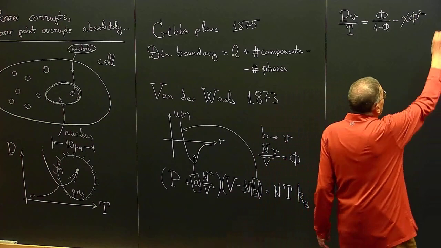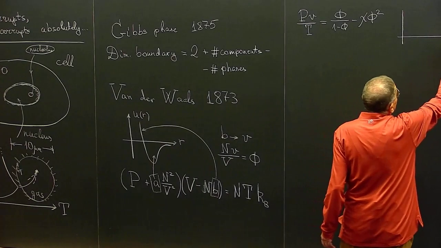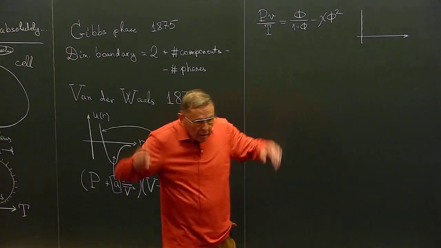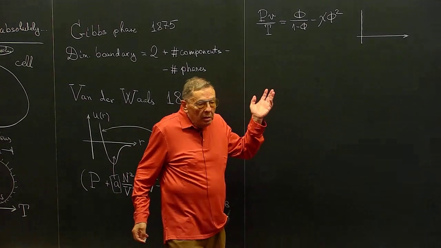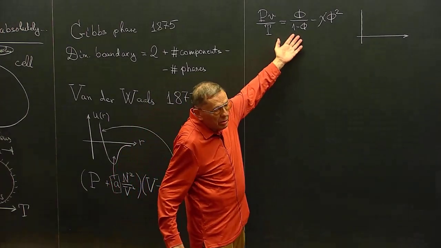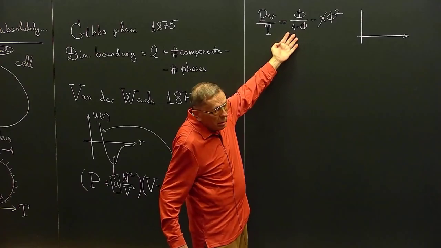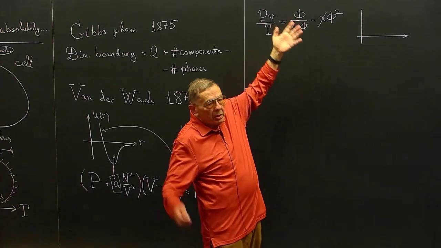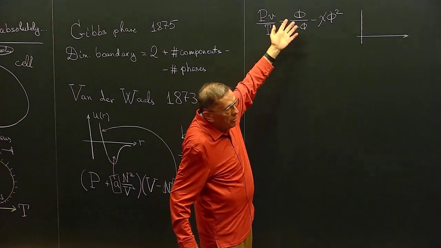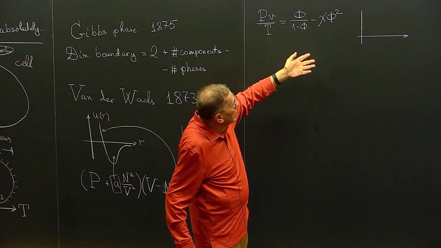Okay, so this is a beautiful equation, which, by the way, doesn't have any derivation per se, because it is just interpolation. It's just a guess. The way you guess it is to say that phi cannot be larger than 1, and so it should blow up when phi approaches 1. Okay. Small phi should be proportional to phi because it's ideal gas.